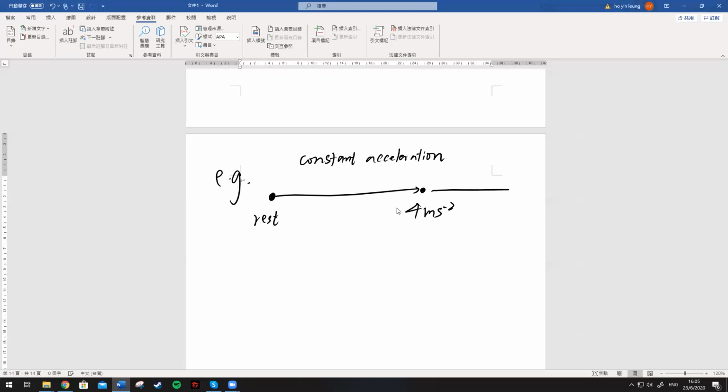And then it goes to another point where your speed is 5 meters per second.